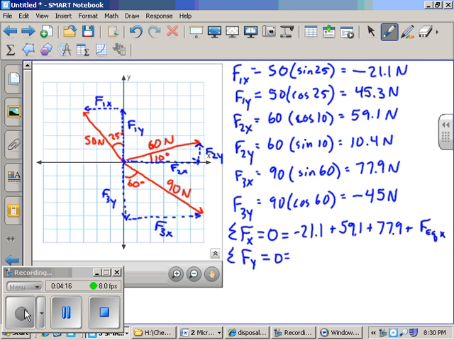In the same respect, the sum of all the forces in the y direction must be equal to 0. So therefore, 45.3, excuse me, 45.3 newtons.